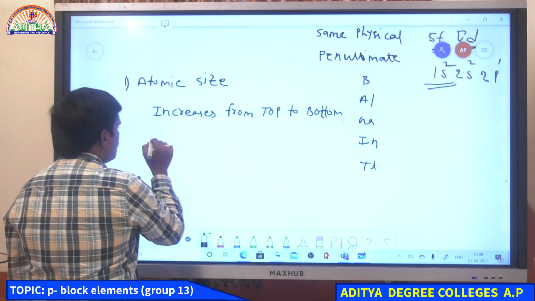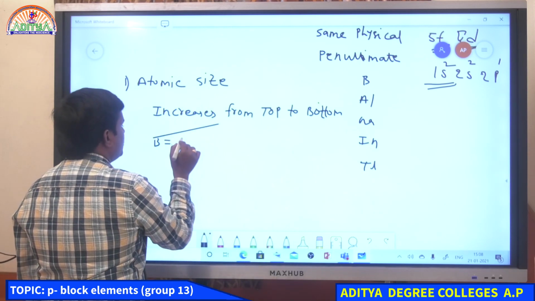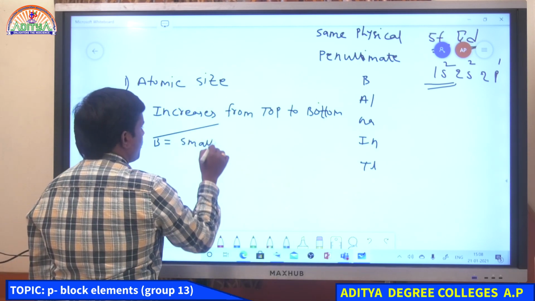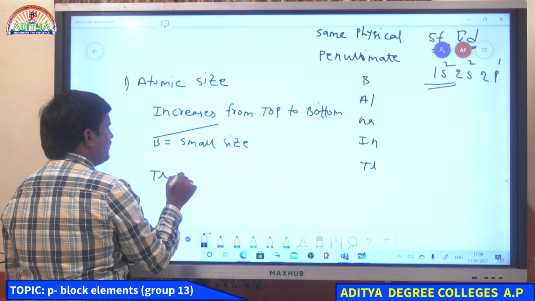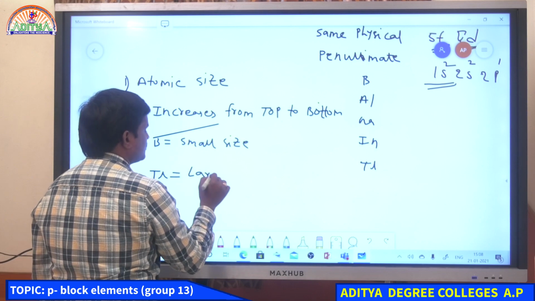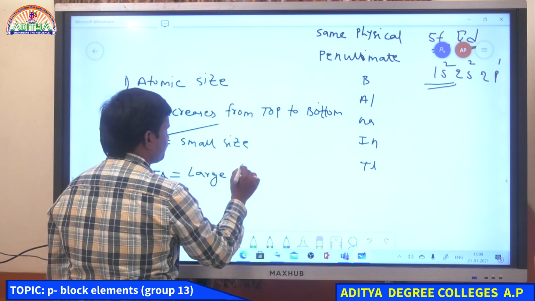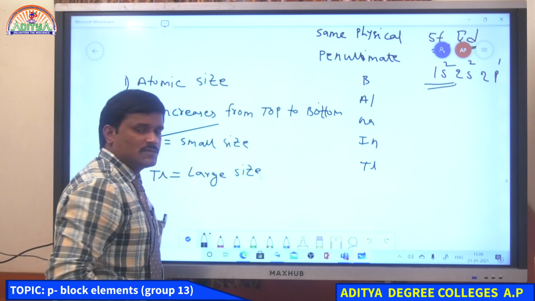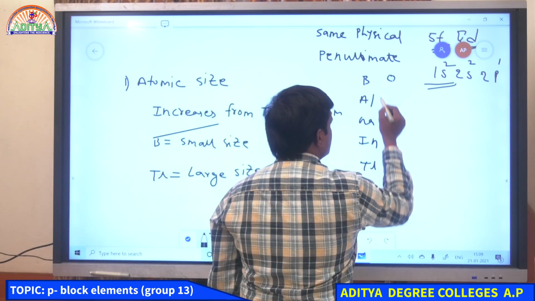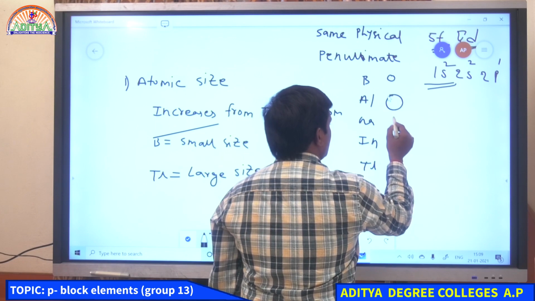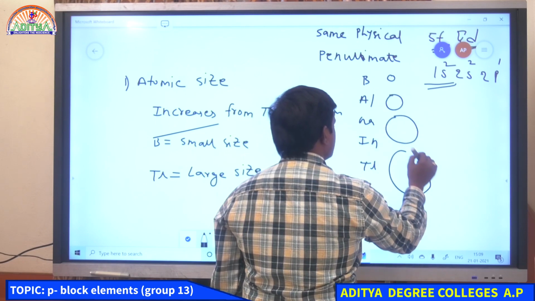It means boron has a very small size, whereas thallium has a large size.